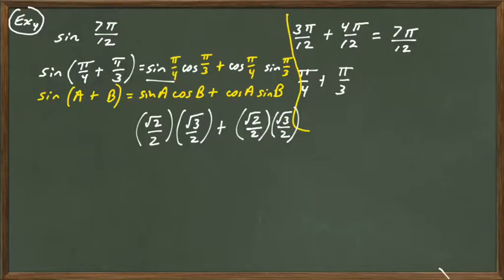So let's check these values first. There is no way that sine of pi over 3 and cosine of pi over 3 are the same, so one of those is wrong. Cosine of pi over 3 is not this. Cosine of pi over 3, I believe, is 1/2.